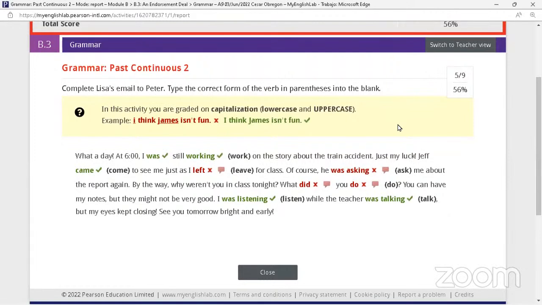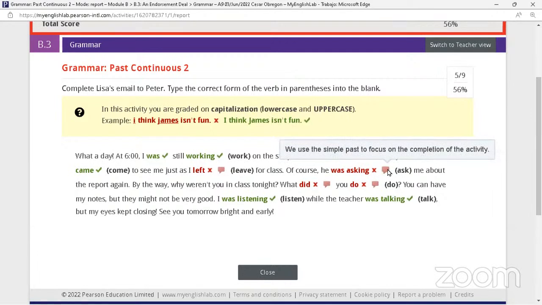He asked me about the report. We use the simple past to focus on the completion of the activity. He asked me about the report again.